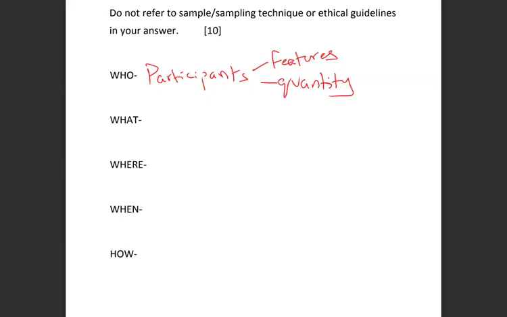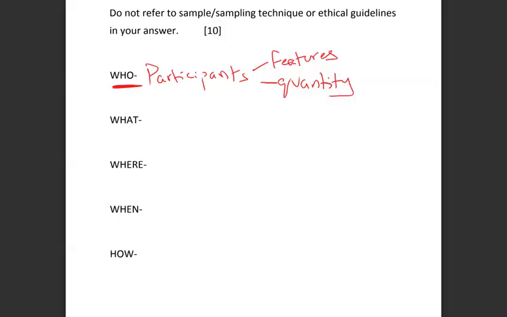So you're free to choose the features of the participants of the children in the study. One thing you cannot change is the fact that participants are children. So that's not something you can change. But other than that, you're free to add how many, and how many males, females, and their age and so on.